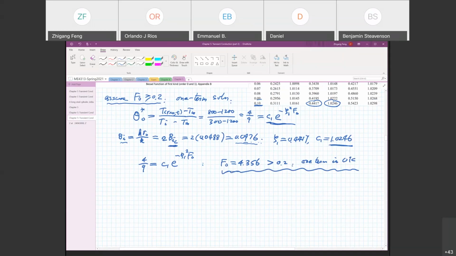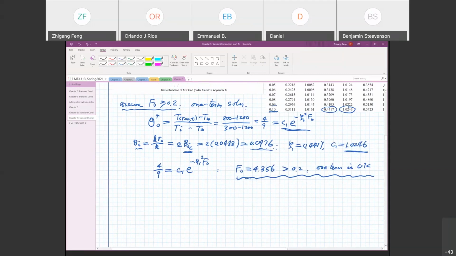So this is very important. If you end up with, let's say, a Fourier number equal to 0.1, then you have to add more terms; the one-term solution will not be accurate. Very likely you will get a Fourier number greater than 0.2 because I don't want you to spend much more time adding additional terms. But still, as good practice, you have to verify the assumption you made earlier. Okay, so now we are safe.